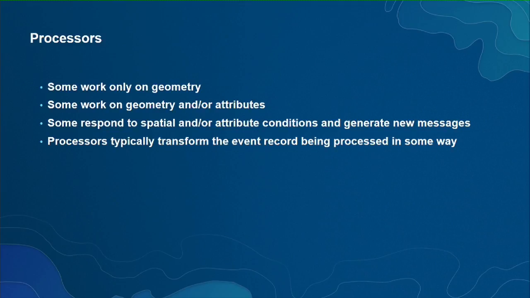So in the case of that incident detector, for example, when certain conditions are present, and those conditions might be spatial and/or attribute conditions, then it might generate an entirely different message rather than the vehicle status message that came into GeoEvent. So some processes will generate entirely new streams of data. But overall, processors tend to want to transform and forward a message within GeoEvent Server, always processing in some way, but always maintaining and propagating that flow.